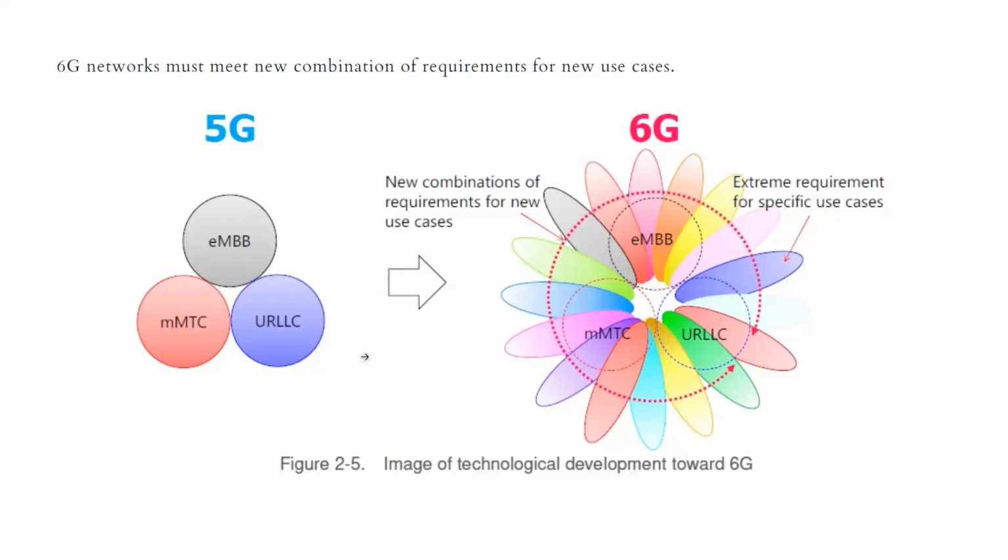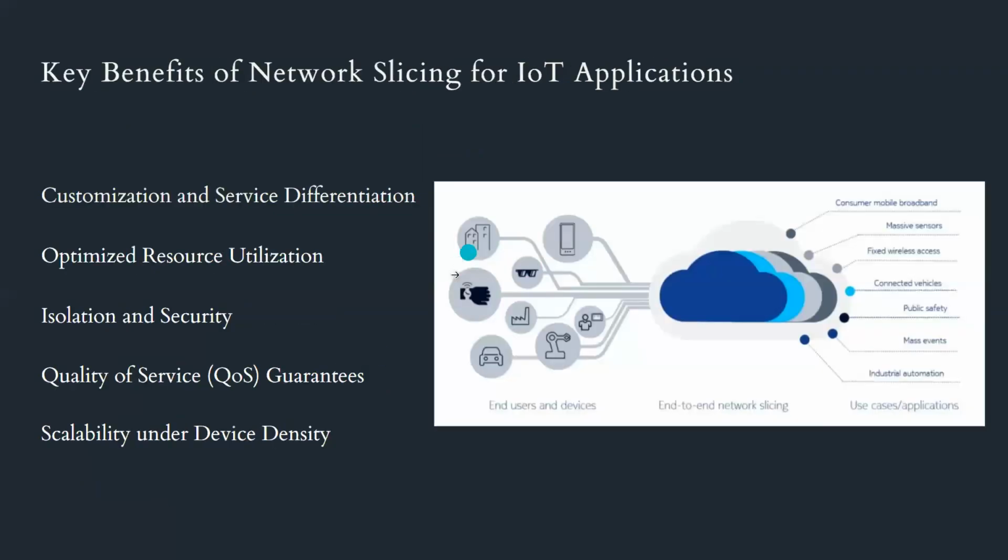Those things will be taken into consideration when the devices of the IoT network are connected to the network. So based on the user application, the slices have to be differently designed.